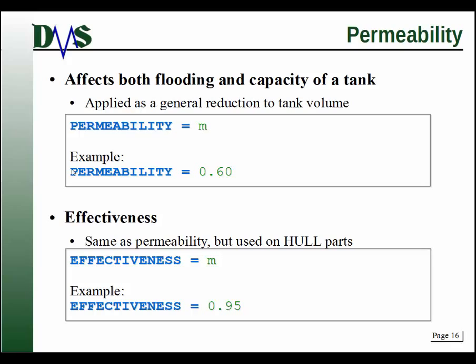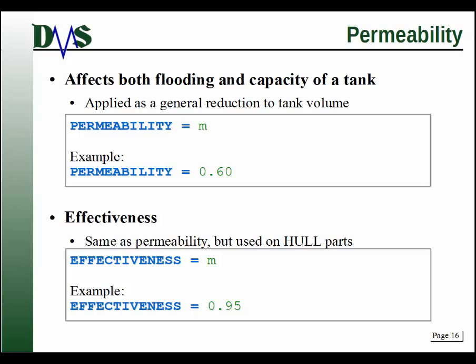And so, for example, you type permeability equals 0.6. The permeability can be any number from 0 to 1. And it's basically saying 1 is 100% of the geometric volume. 0.6 here, that is 60% of the geometric volume.